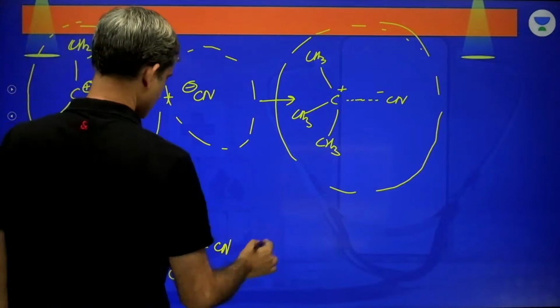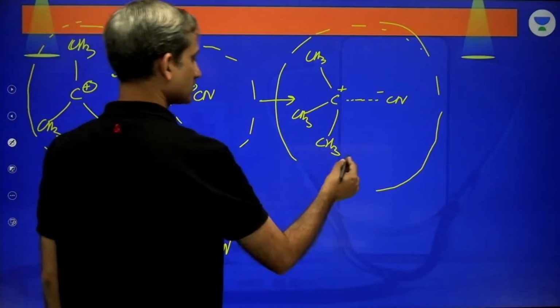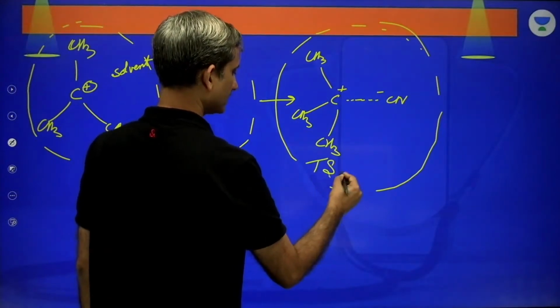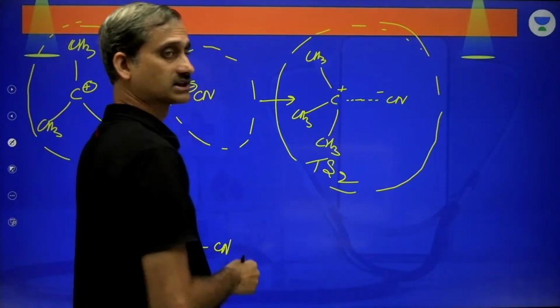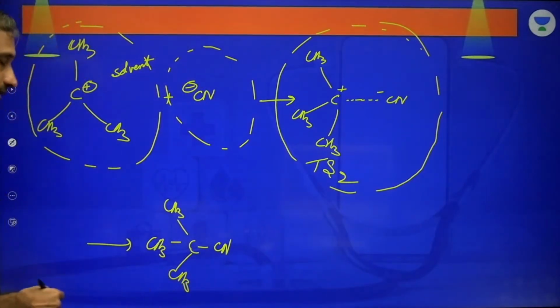Okay, fine. That is the product which is formed. So this is the transition state, or I can say TS2, the transition state 2. Clear? And the product is formed.